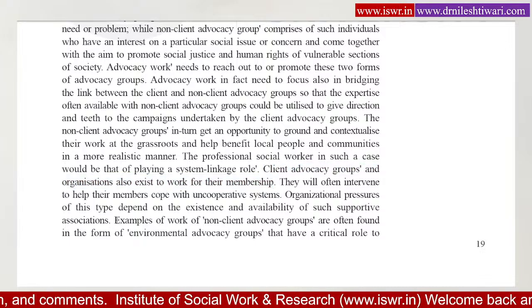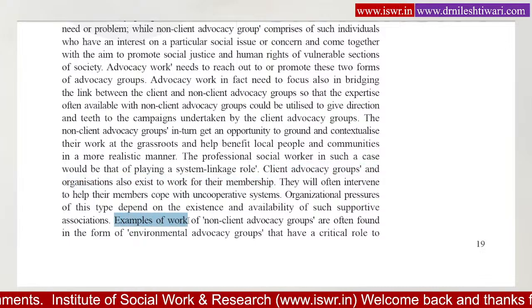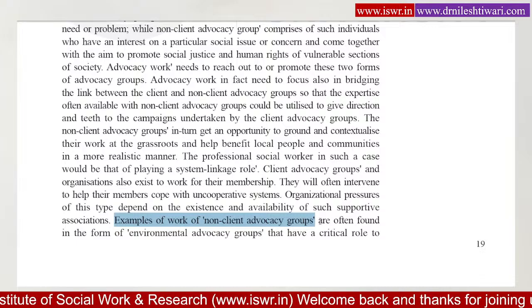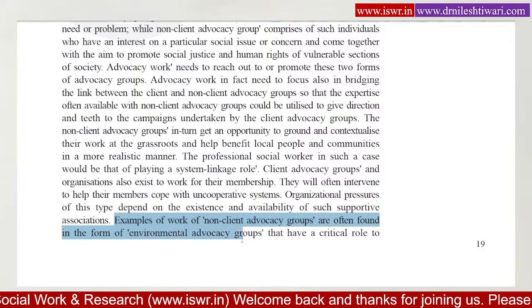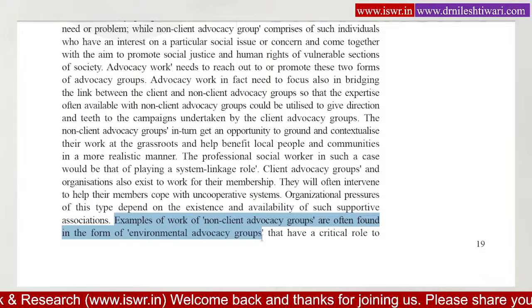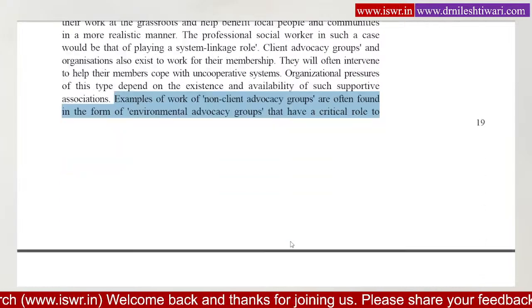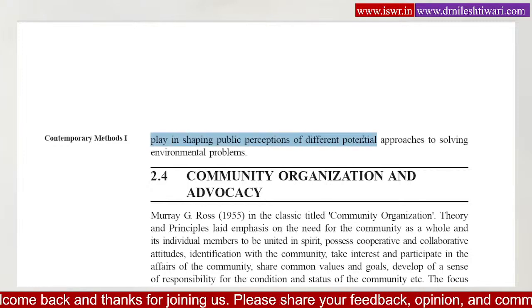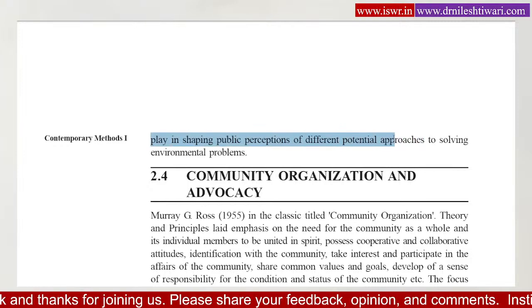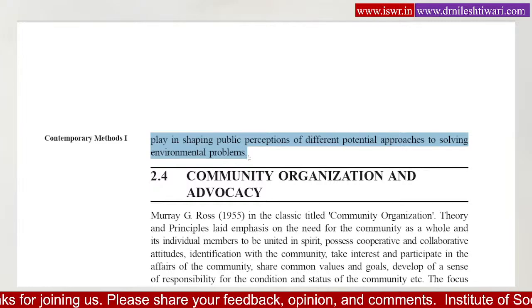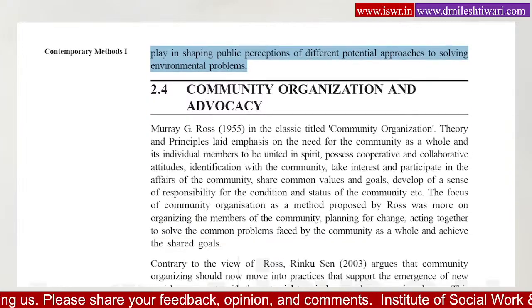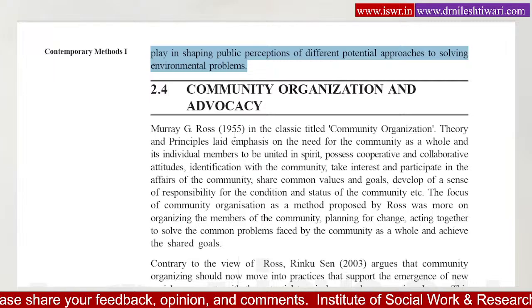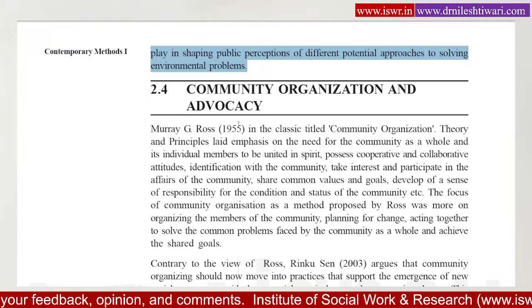For example, the work of non-client advocacy groups is often found in the form of environmental advocacy groups that have a critical role to play in shaping public perceptions and different potential approaches to solving environmental problems. So this is group work and advocacy.